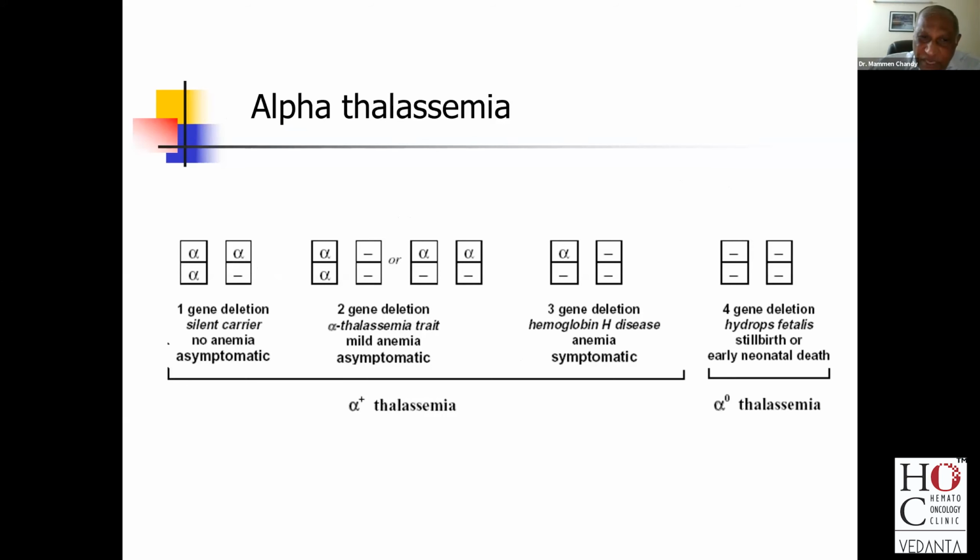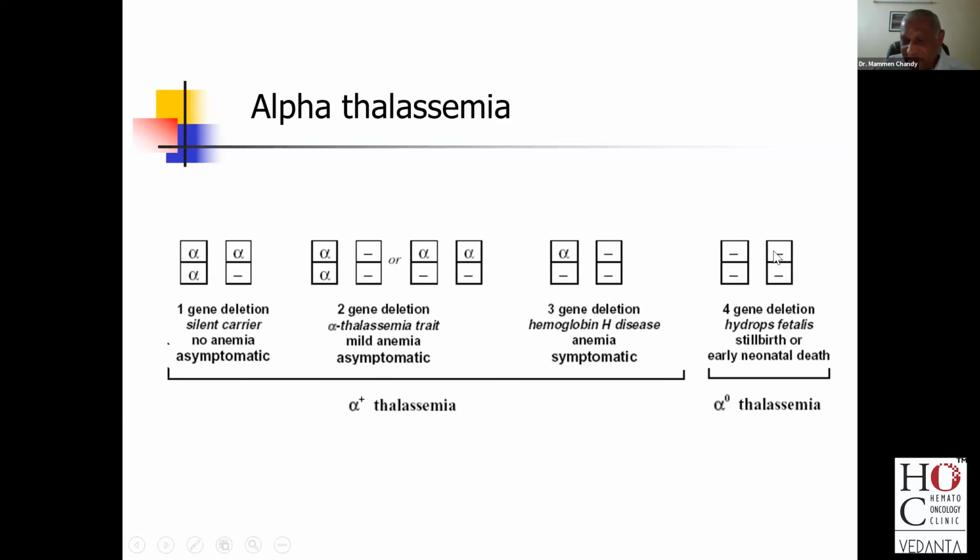So normally we have 4 alpha genes, right? If one gene is deleted, all you have is a hemoglobin which is around 10, 11 and with a microcytosis. If 2 alpha genes are deleted, again, you have a lowish hemoglobin around 9, 10 with a low MCV. If 3 genes are deleted, then you have hemoglobin H disease.